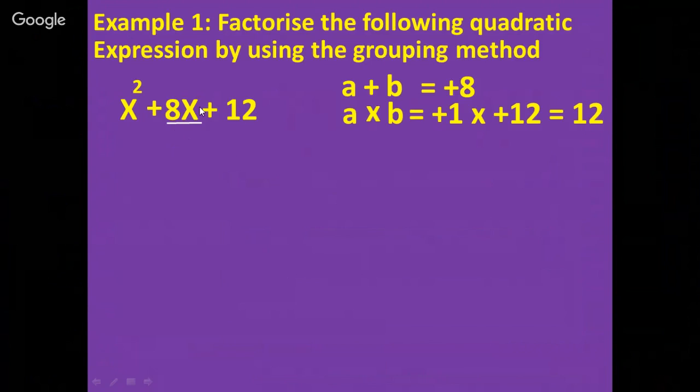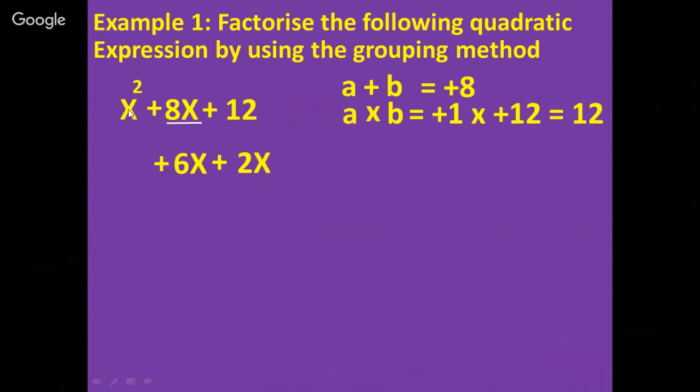So we can split this 8x into 6x plus 2x. Plus 8x is equal to plus 6x plus 2x.